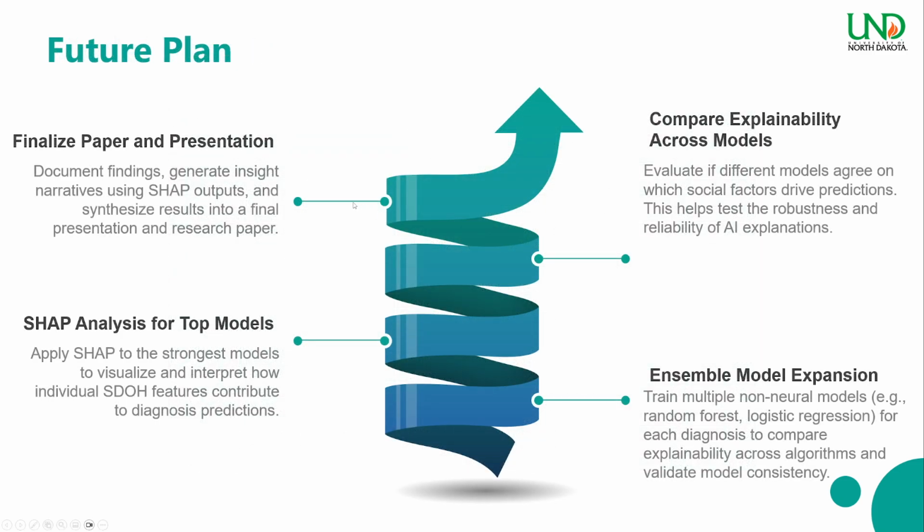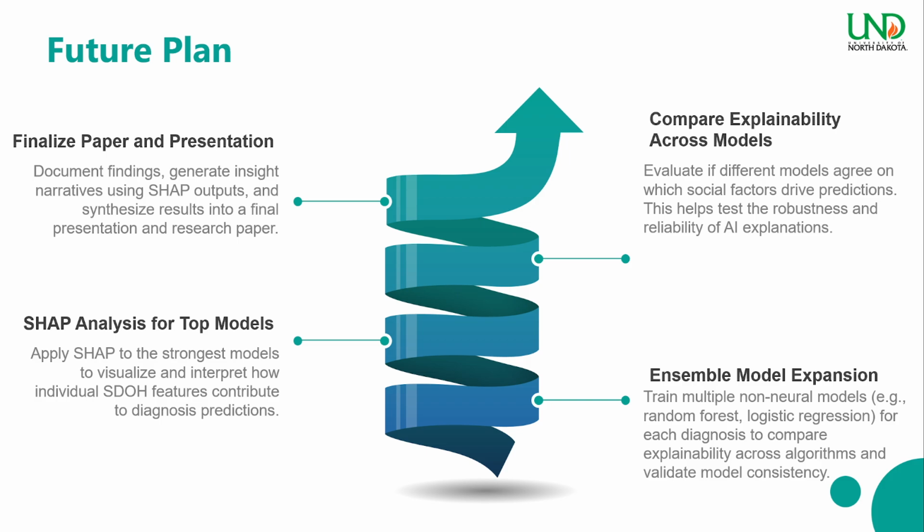So now that we have those working models and solid performance across several clinical conditions, here's what's next. First, I'm going to expand beyond neural networks and build that ensemble method for each of the diagnoses. That includes decision trees, logistic regression, XGBoost. The goal is to test whether different algorithms converge on the same predictive patterns.